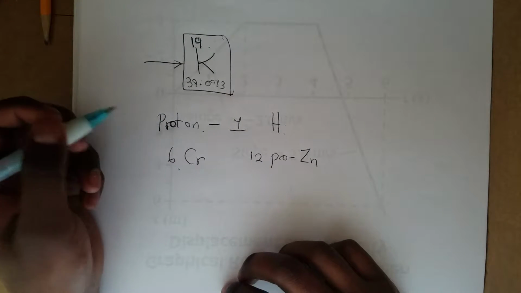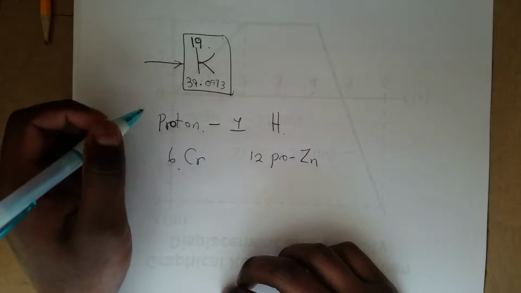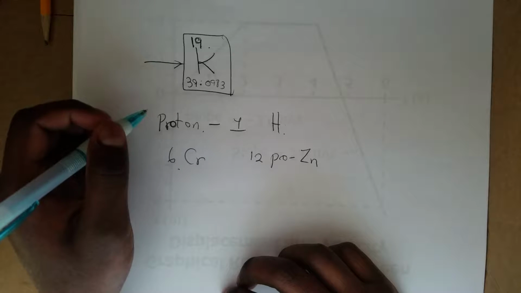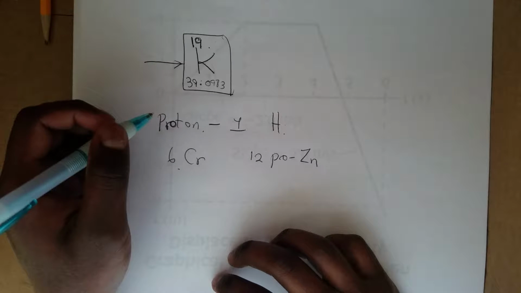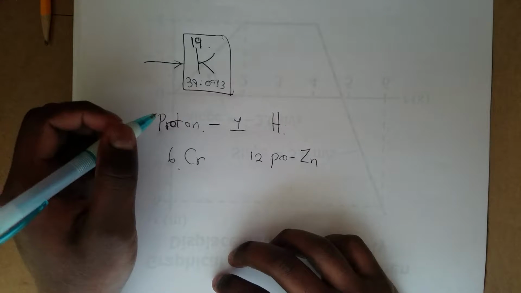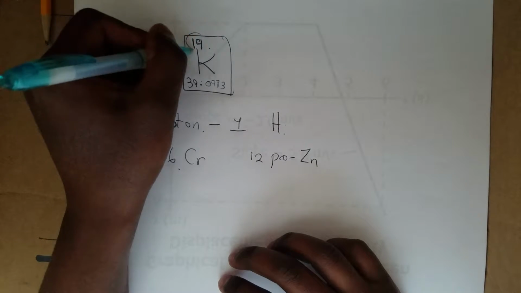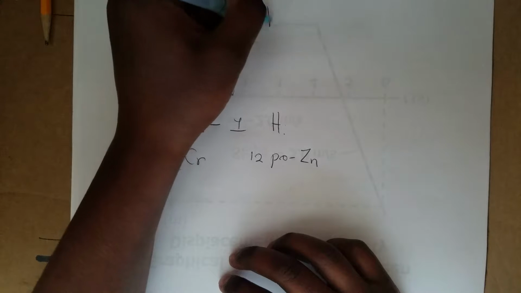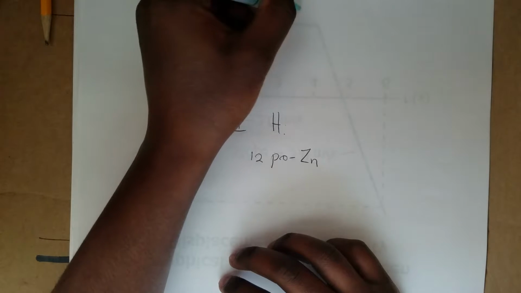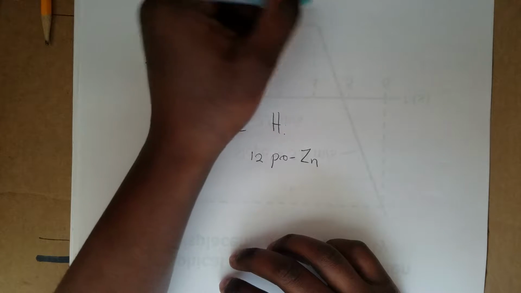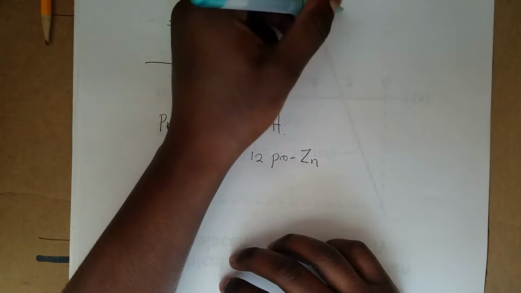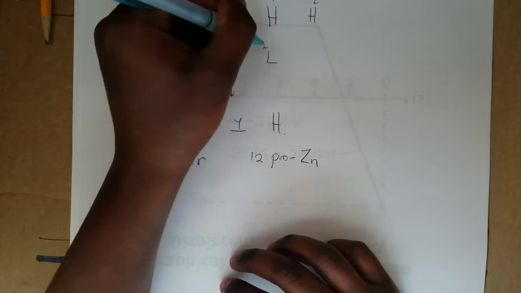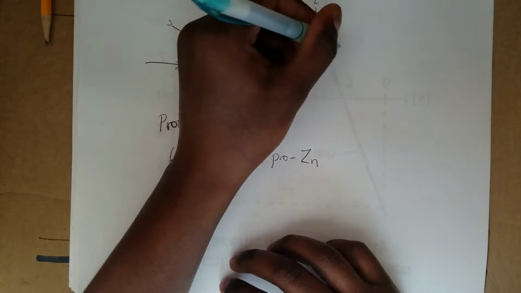Gold, silver, sodium, potassium, calcium, magnesium all have different amounts of protons, and the proton number is always written on the top. That's why on the periodic table you see hydrogen 1, helium 2, lithium 3, beryllium 4, and so on.